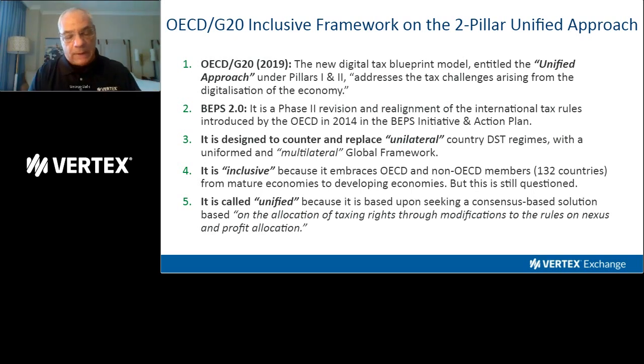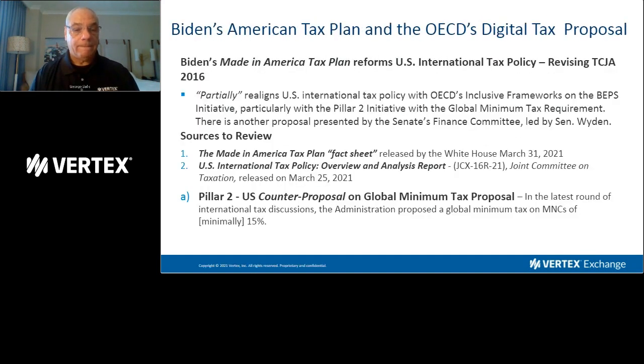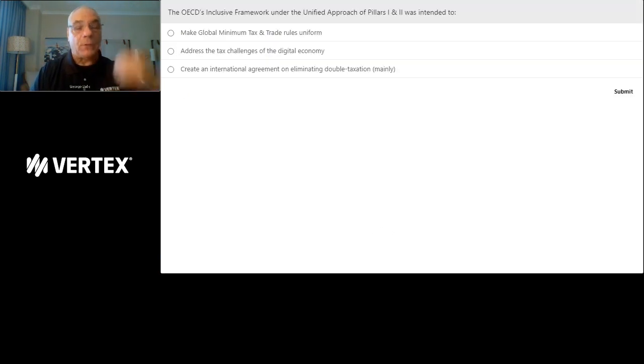So I wanted to finish on that note in number 5, because you have to question whether really it is inclusive, or whether really in this developing stage it is a unified system as we discussed. Here is the Made in America global minimum tax proposal, and here is the OECD inclusive framework.